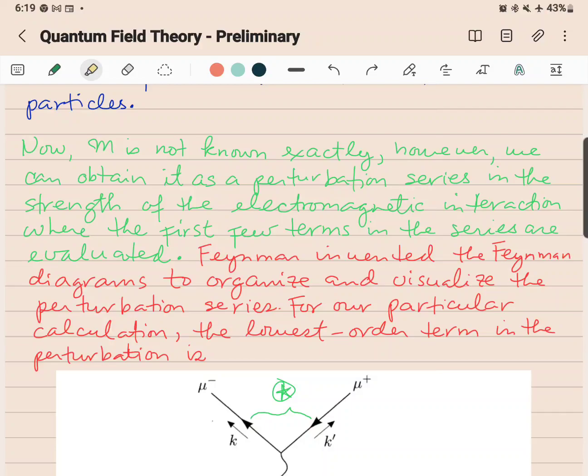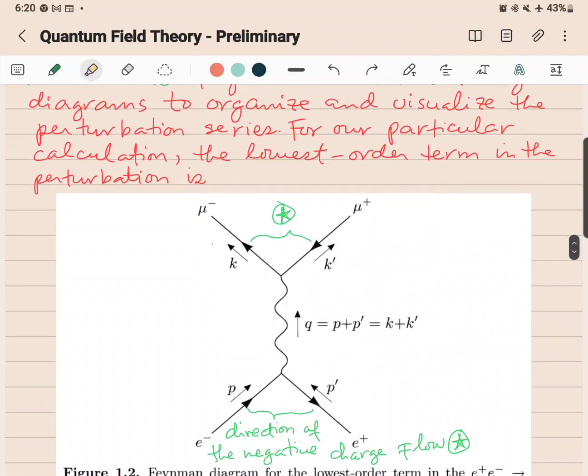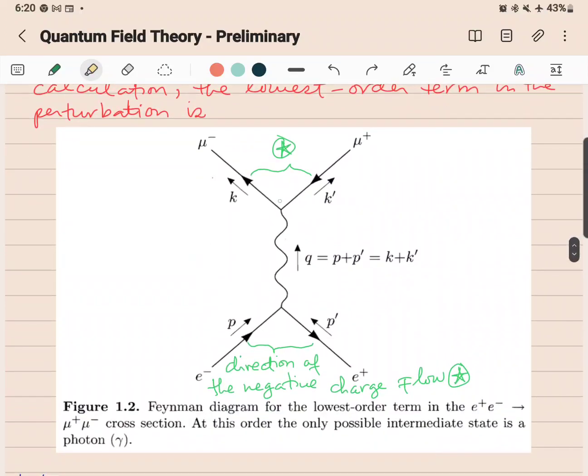So we usually consider the tree-level interaction. That means the Feynman diagram that has the fewest vertices. In this case, you can see that it has only two vertices. This is a junction between at least three particles.